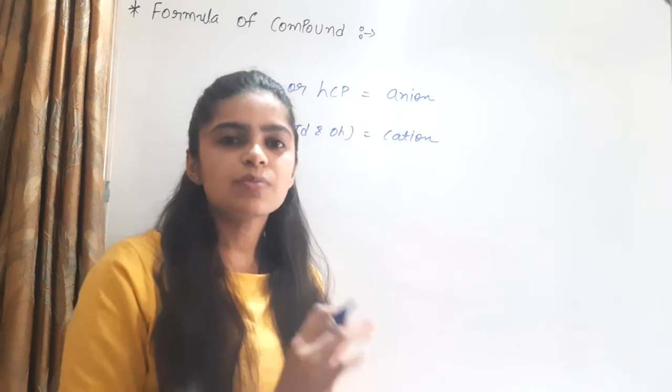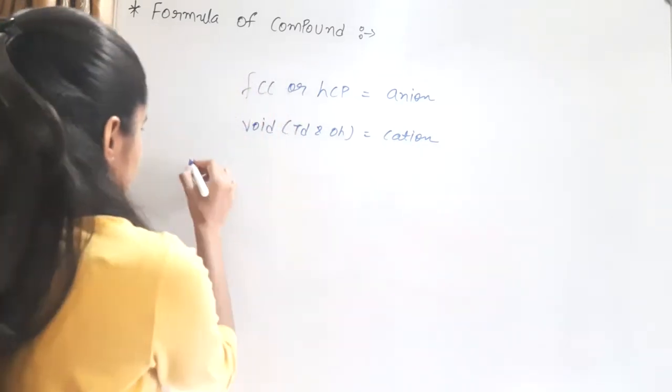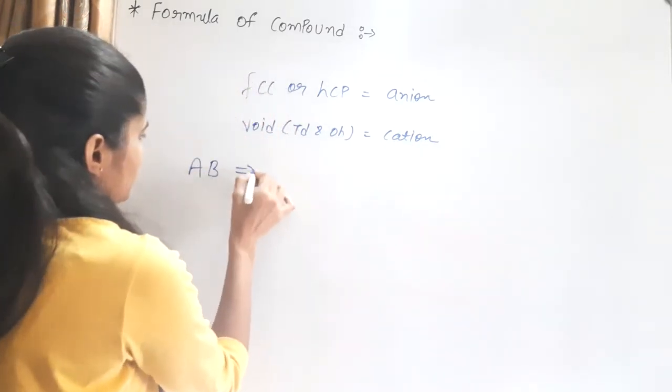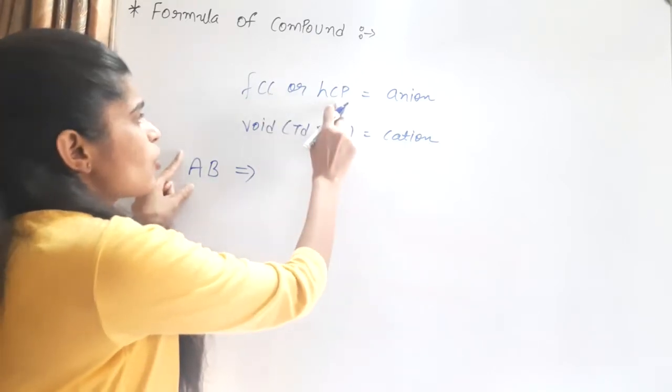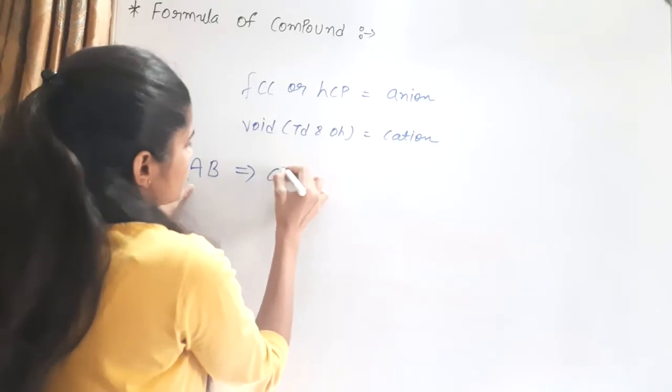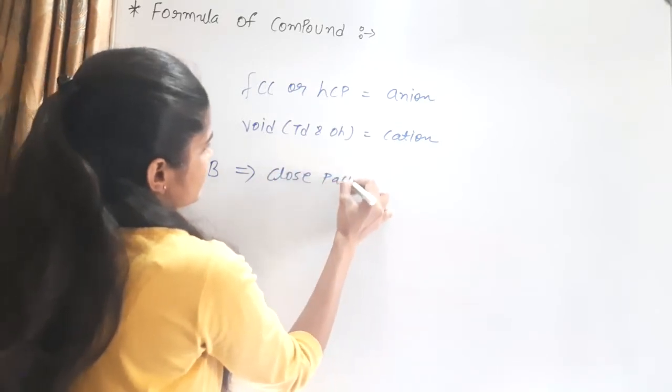First, we consider the simple formula AB. In this formula AB, A adopts the FCC or HCP arrangement, the closed packing lattice arrangement.